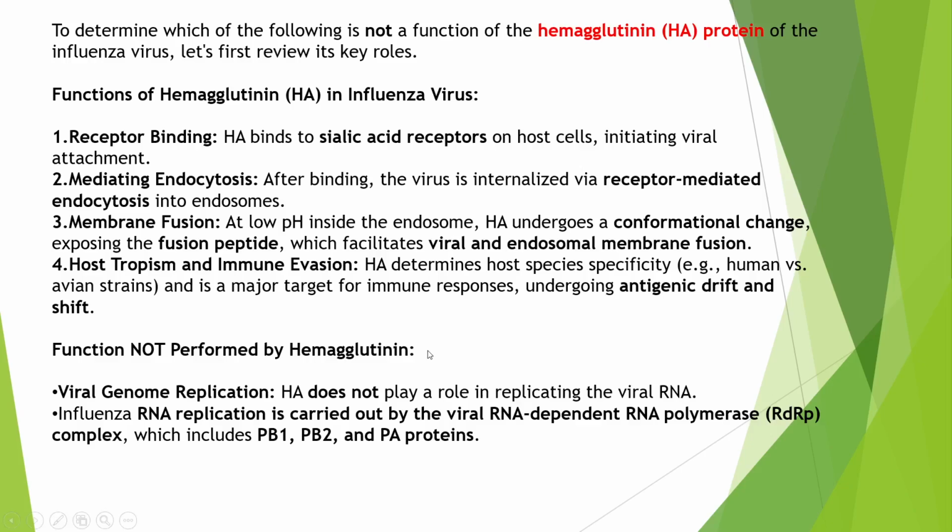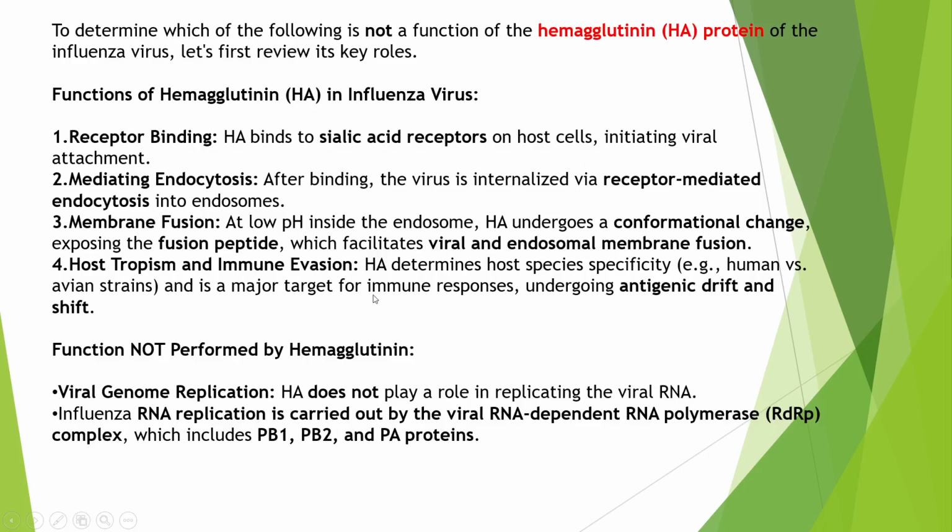What is not a function of hemagglutinin is viral genome replication. So hemagglutinin does not play a role in replicating the viral RNA. And influenza replication, that is the RNA replication, is carried out by viral RNA dependent RNA polymerase. Like we discussed, the RNA dependent RNA polymerase has a complex made of PB1, PB2, and PA proteins.